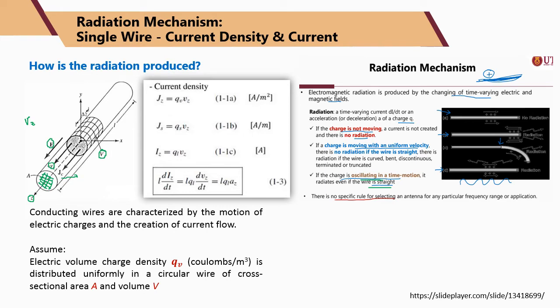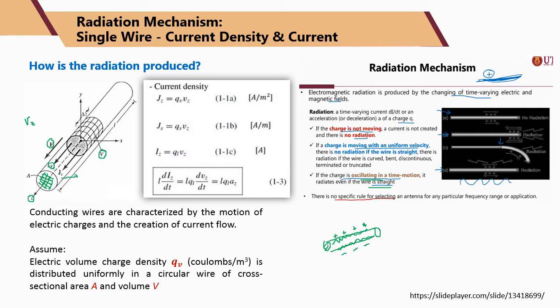Okay, so when you have a wire or a conductor, there's charge on the surface. When there's a current supply, there's acceleration of the charge on the surface.